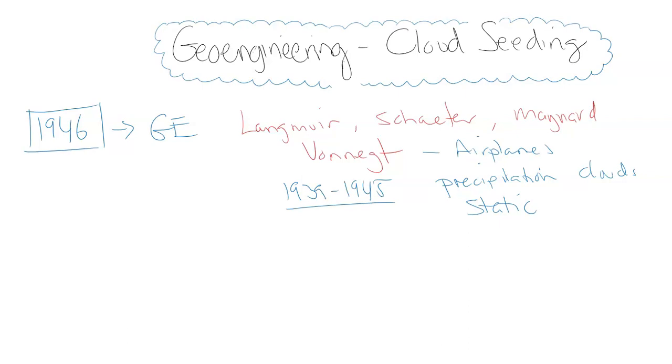Now, their work with clouds, the atmosphere, and precipitation gave them a lot of data. And once in 1946 the war was coming to an end, they turned all their attention to different applications. So Langmuir actually kept working with the atmosphere.